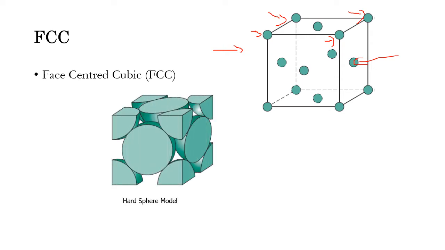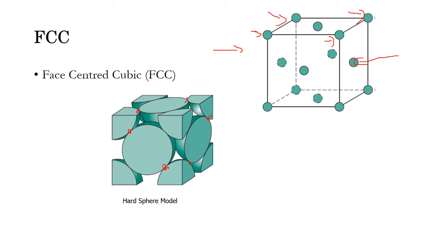This is the hard sphere model of this crystal structure, and you can see that the atoms are touching each other along the face diagonal. This is the place where the atoms are touching each other. Similarly, on the top face here the atoms are touching.